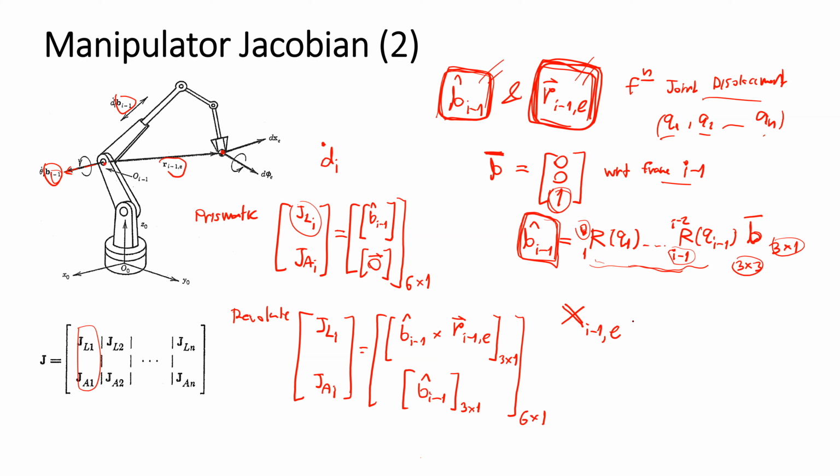And how can we obtain it? The idea is we obtain the endpoint position. The endpoint position is obtained from the homogeneous transform 1 with respect to 0, joint 1, until n minus 1, and the joint n.